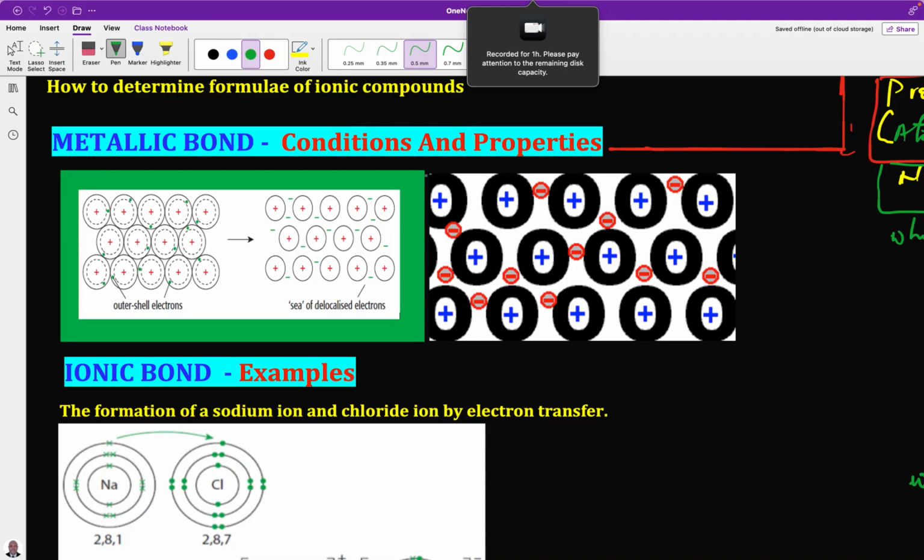Because the shorter the distance between the nucleus and the outer electrons, the stronger the force of attraction. Once more, the size of the metal will determine the strength of the bond. The smaller the size of the metal, the stronger the metallic bond.